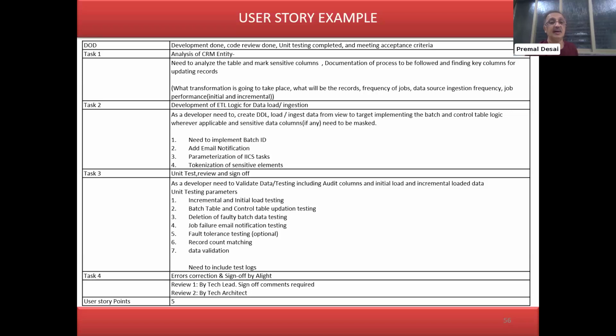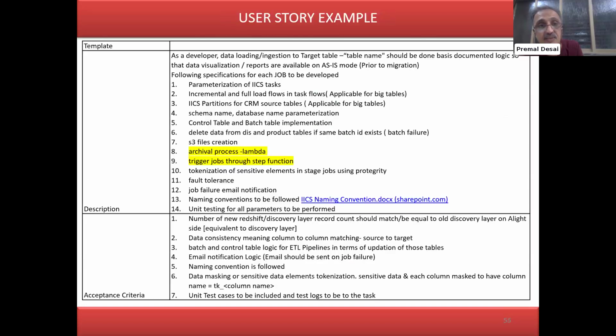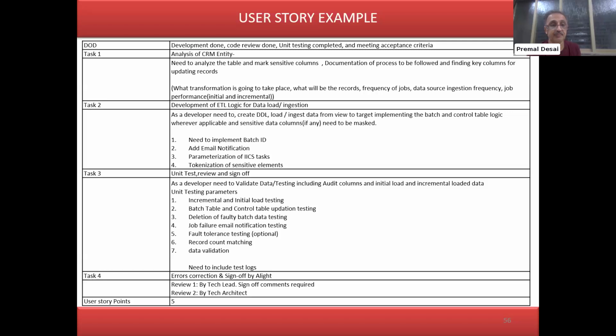Then every user story, as I said, needs to have tasks. So you have task 1, task 2, task 3, and you have a user story which is having 5 points.